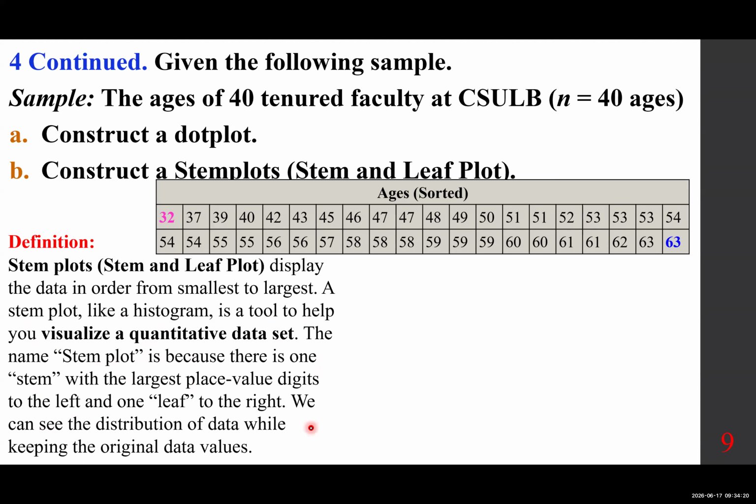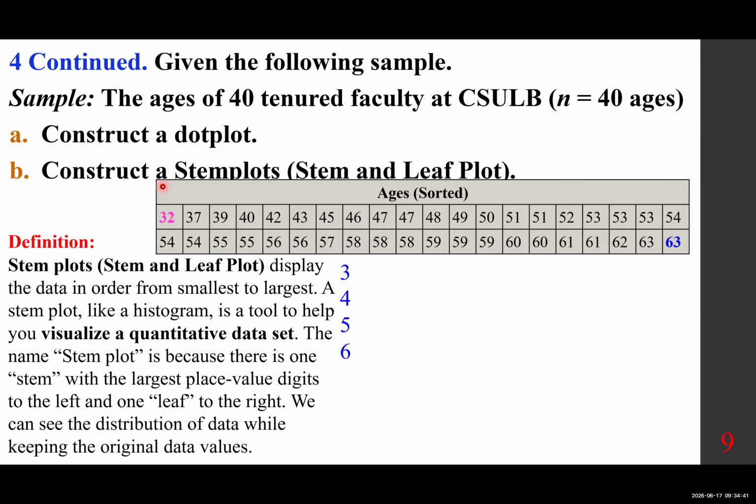What do we mean by that? Notice it goes from 32 to 63. The larger digit, the tens, would be 3. So we're going to go with 3, 4, 5. With 3, we have only 32, 37 and 39.